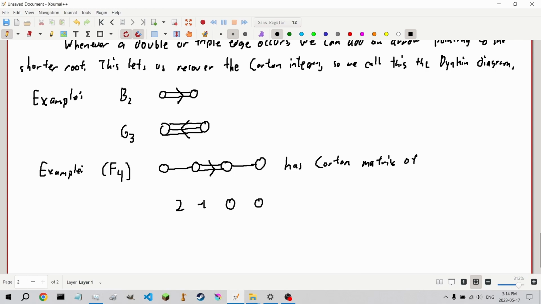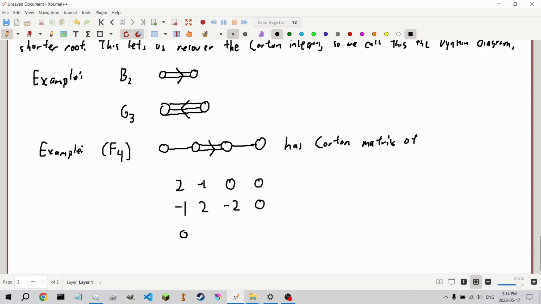The second one, we have a -1 link backwards, 2 to itself, a -2 going forwards, and then a 0. For the third one, we have a -1 going backwards, 0 to the first one, -1 going backwards through this, 2 to itself, and then a typical -1 going forwards, and then 0, 0, -1, 2. So this is how we recover our Cartan matrix from the Dynkin diagram.